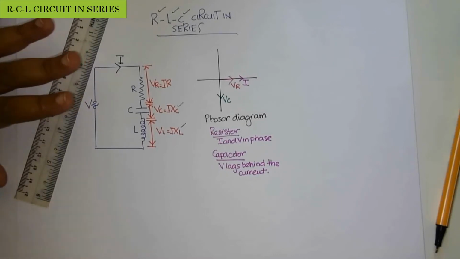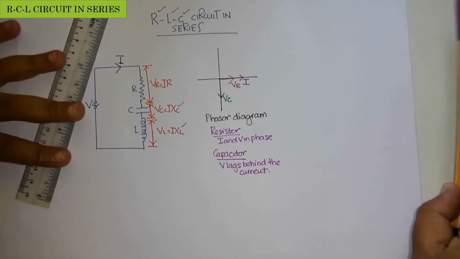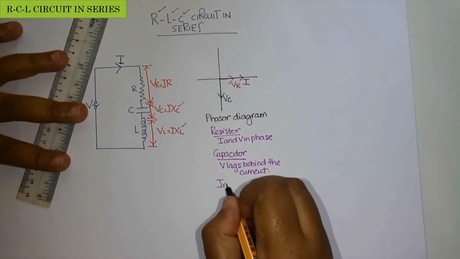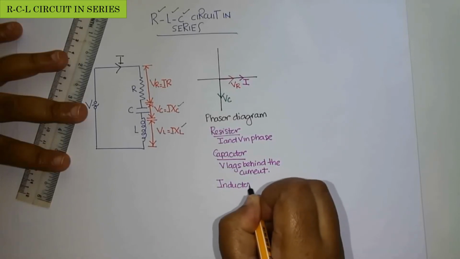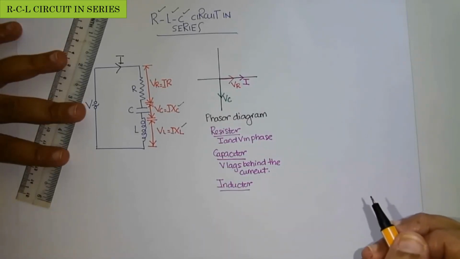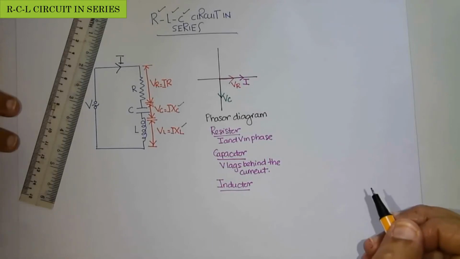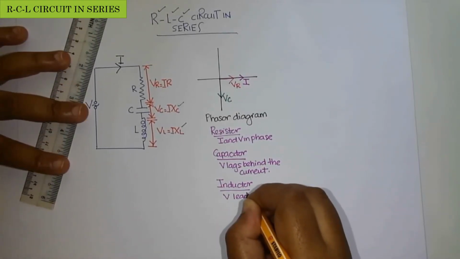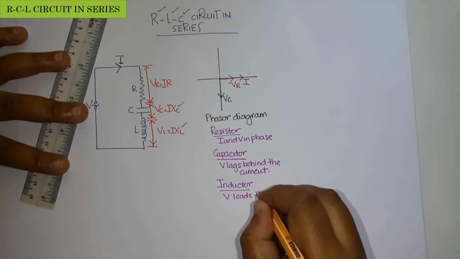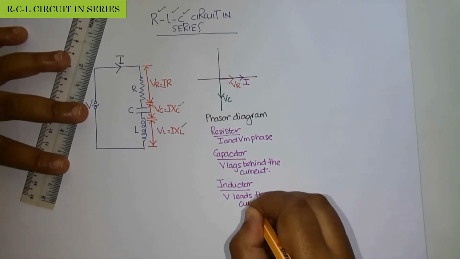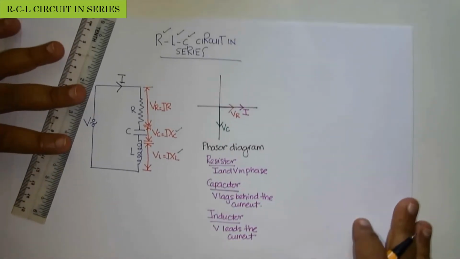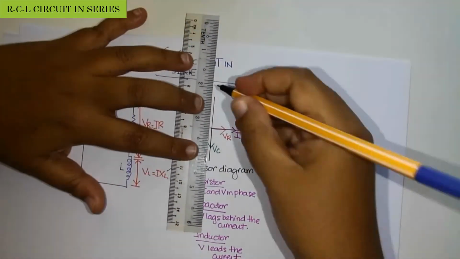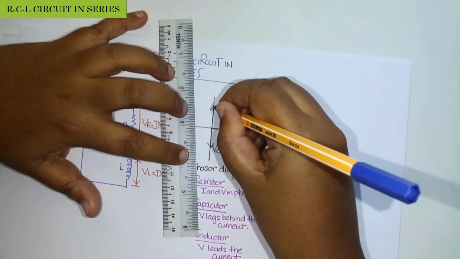And then in the inductor, the concept says that V leads the current by pi over 2 radian. So if I draw it here, it will be in this direction.